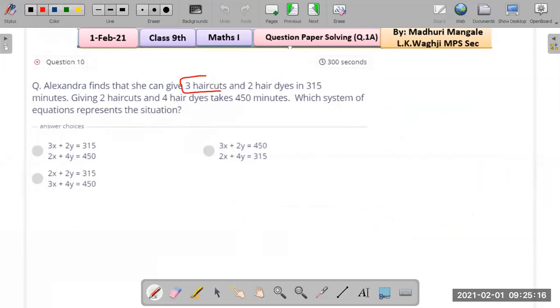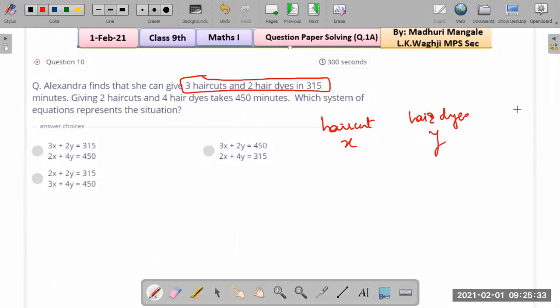So 3 haircuts and 2 hair dyes will give 315 minutes. Okay, so if we use X for haircut and Y for hair dyes, and the total is in minutes, it says 3 haircuts and 2 hair dyes, the total is 315.